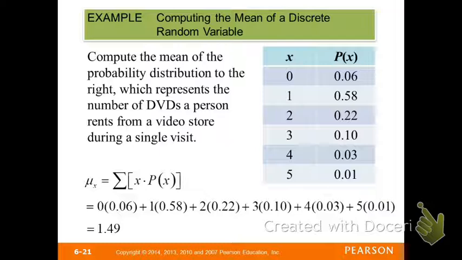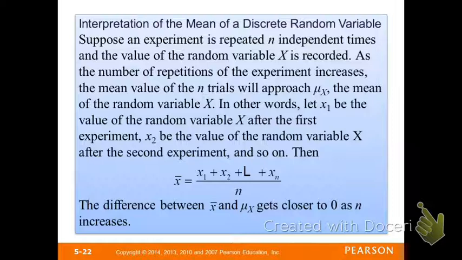Okay, now let's look at something related to that. So the interpretation of the mean of a discrete random variable. Suppose an experiment is repeated n independent times and the value of the random variable x is recorded. As the number of repetitions of the experiment increases, the mean of the n trials will approach the population mean for that random variable.